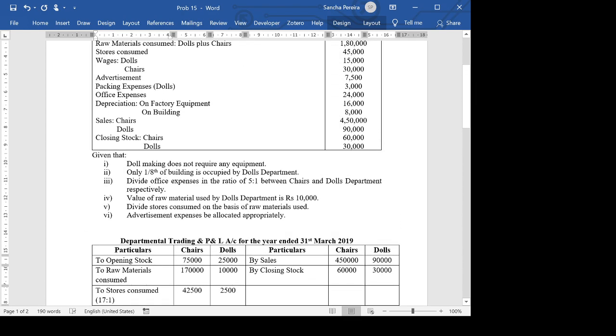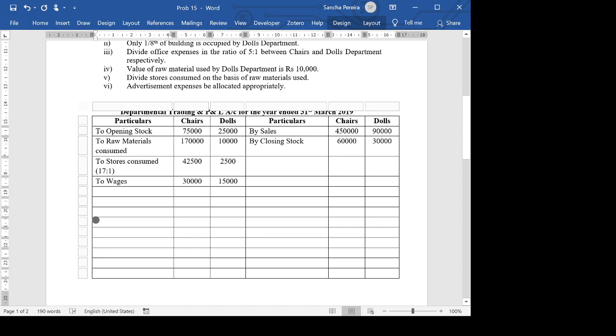So coming to that, the first thing we have is advertisement. Now they've told us advertisement has to be allocated appropriately. Appropriately means on the basis of sales. So if we remove these four zeros, it will be 9 ones are 9, 9 fives are 45.